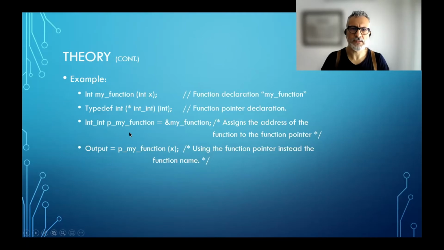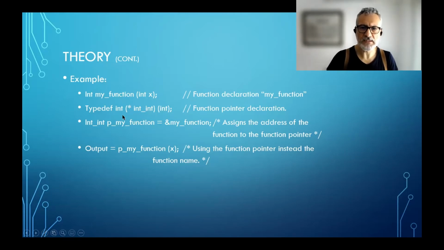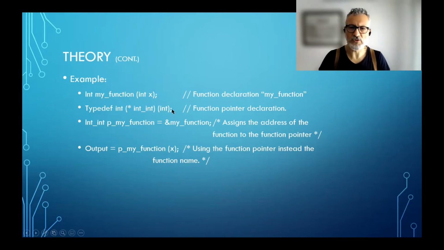Okay, let's continue. Example: int my function, int x is the function declaration. Typedef int asterisk int int is the function pointer declaration. And here I'm telling the compiler this keyword int is equal to say all this function pointer declaration.